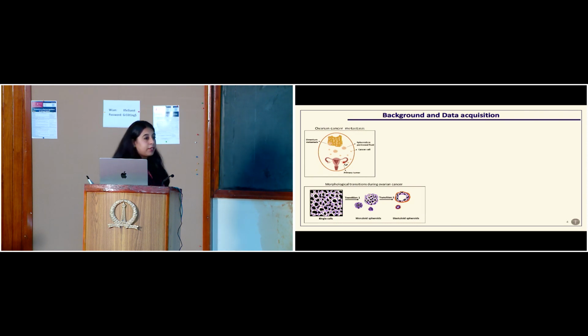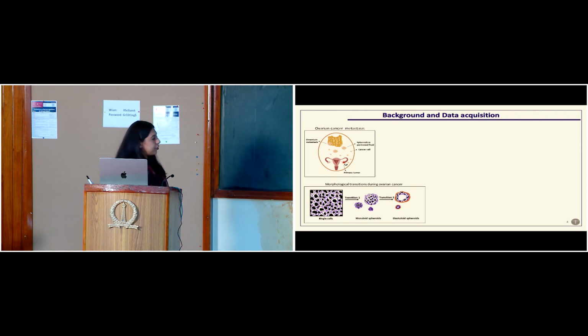Now I would like to mention that this study is in collaboration with Dr. Ramre Bhatt and his team from ISC Bangalore. They made a very fantastic observation where they used the OVCAD3 cell line, and they showed how ovarian cancer cell lines transit from a single layer, and when cultured for 24 hours, make spheroids.